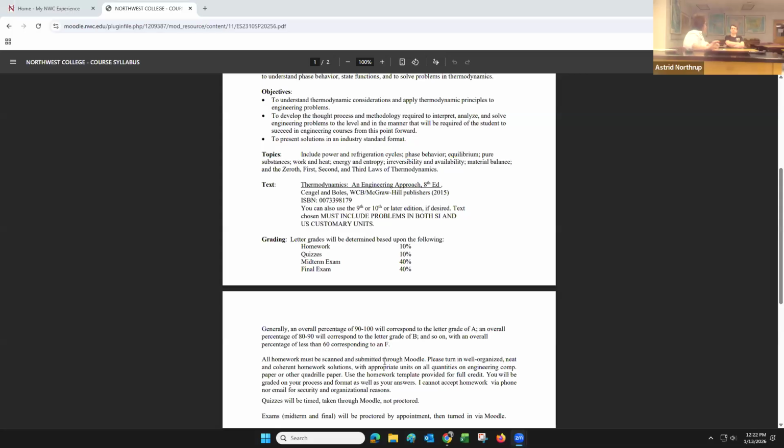Okay. The other thing is, if you get a more recent edition of the textbook, they will talk about software that will do property table calculations for you, and you're not allowed to use that. You have to use these, which are colloquially called the steam tables. Once again, going back to my thesis that steam is everything in thermodynamics, the property tables or steam tables give you the data.